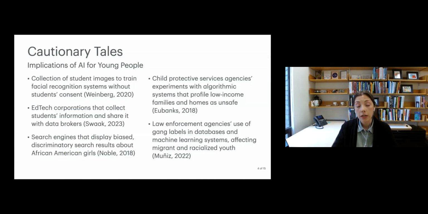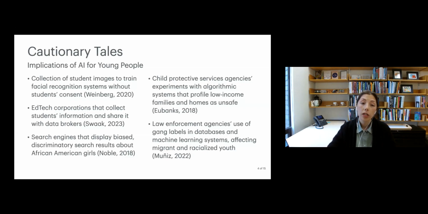We've seen search engines that display biased, discriminatory search results about African American girls. We've also seen child protective services agencies experimenting with algorithmic systems that profile low-income families and homes as quote-unquote unsafe.